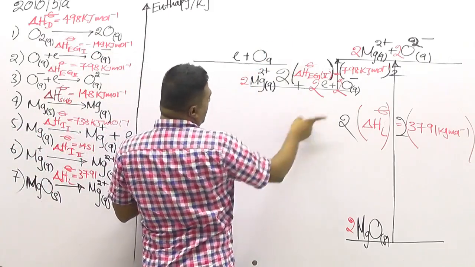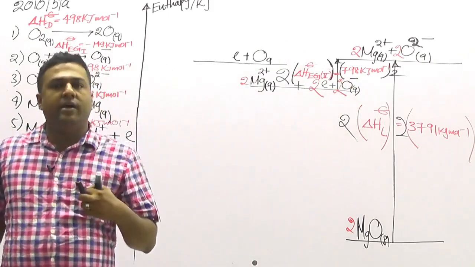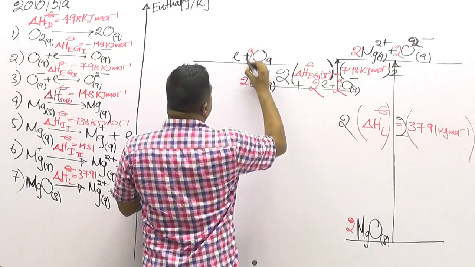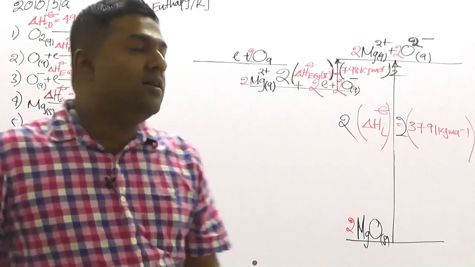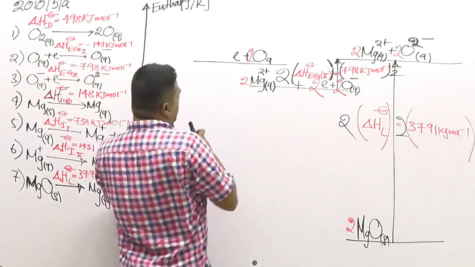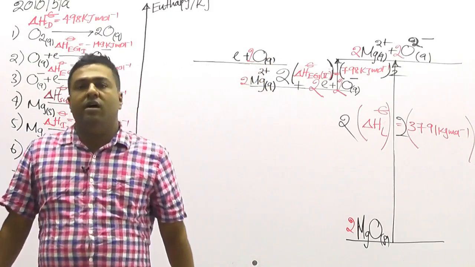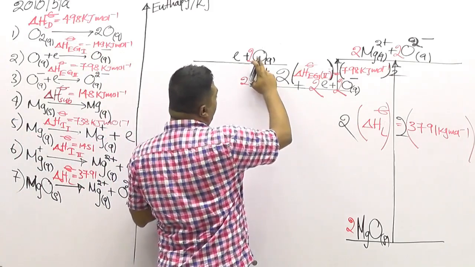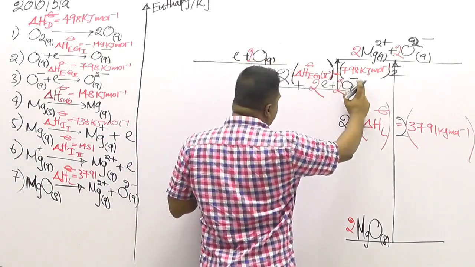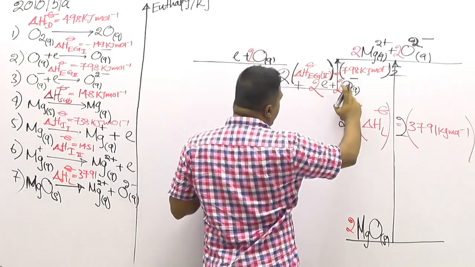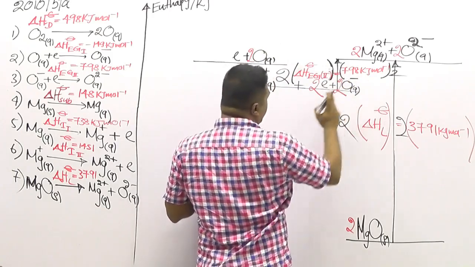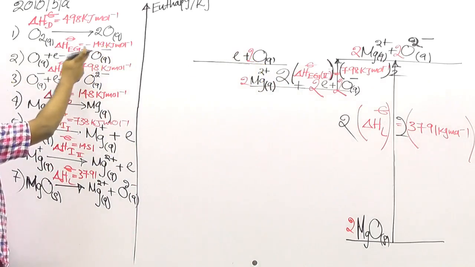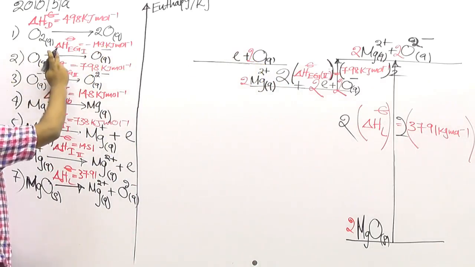But here you have 2 O minuses, so you need 2 moles of O gas. 2 moles of O gas is converted into 2 moles of O minus. 1 mole of O minus is produced from 1 mole of O gas and 1 mole of electrons.